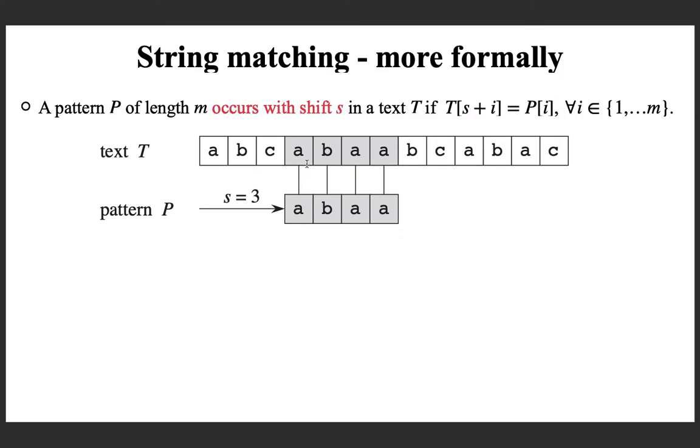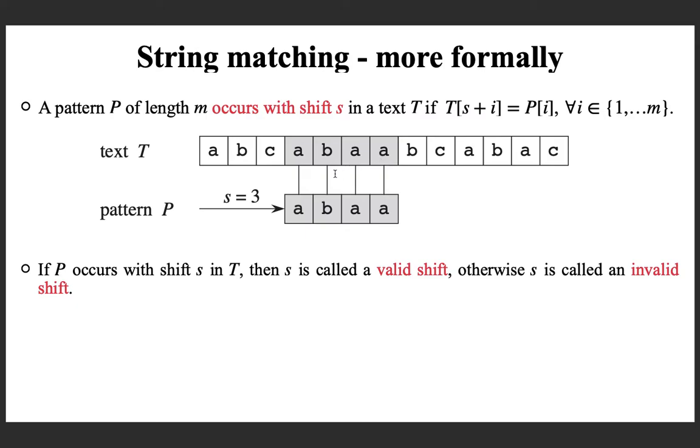Then you can say that the pattern occurs in the text with a shift of 3, meaning if you shift 3 positions to the right, then from there onwards you can see the pattern. That is the meaning of shift. It is a number. So after that many cells in the input array, you can find the pattern. Okay, that is a shift.